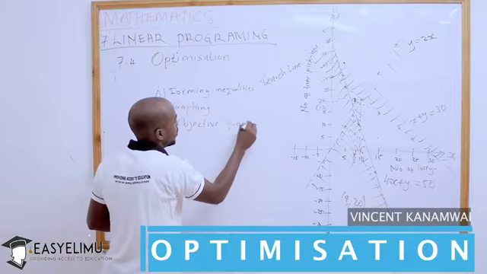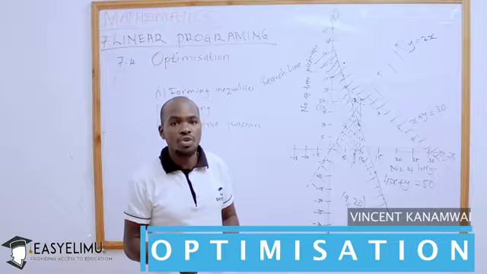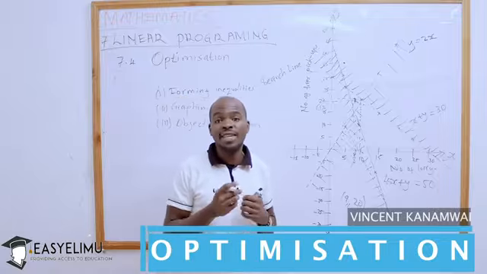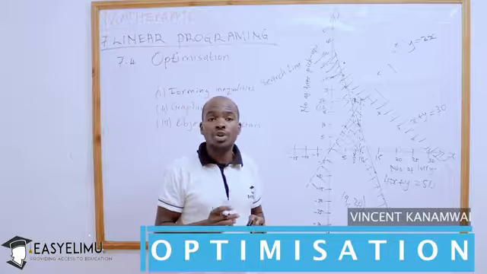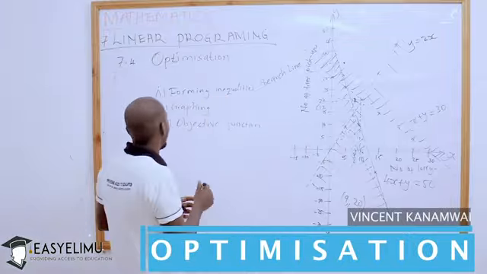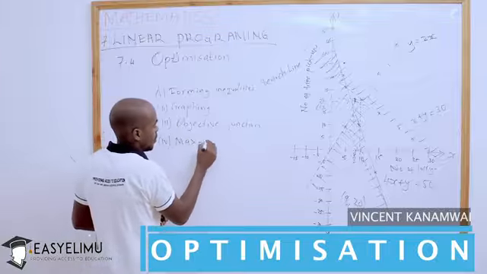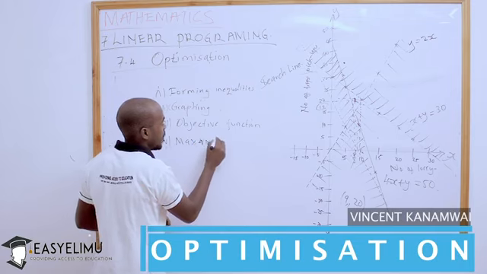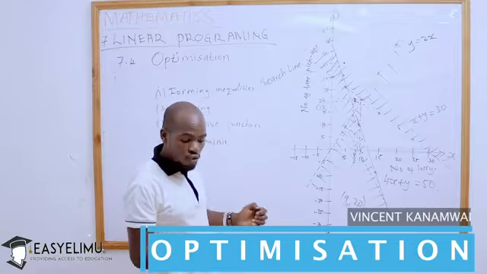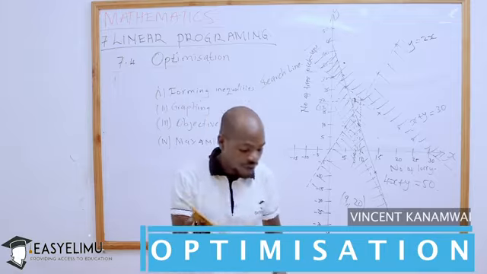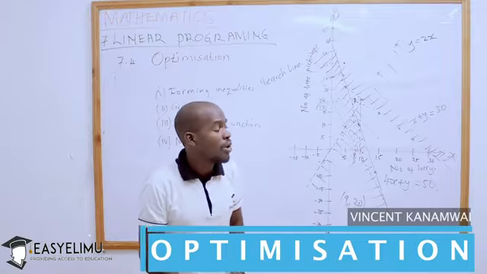You form an objective function, and this objective function will help you to find the search line, as I showed you. You equate it to any point, and then you select a point which is not in the region which is satisfied. After that, you now maximize or minimize, which is when you use your ruler and set square.